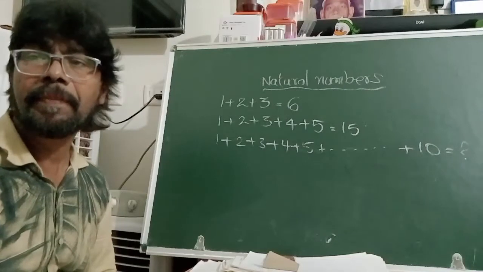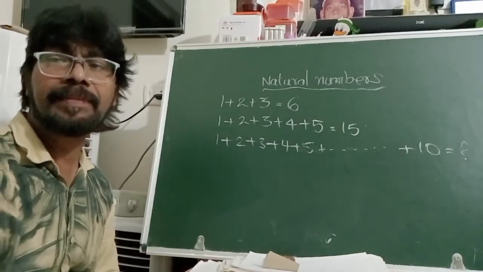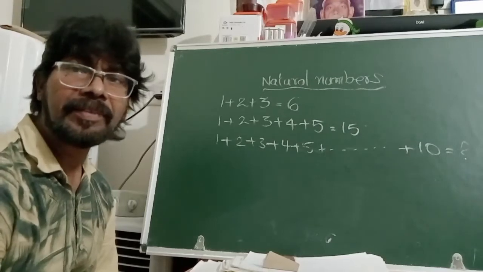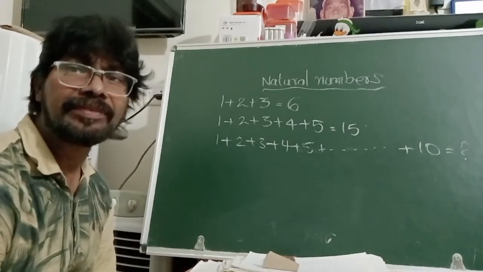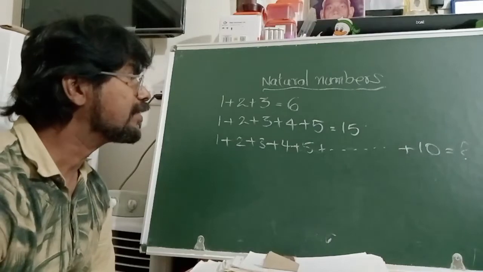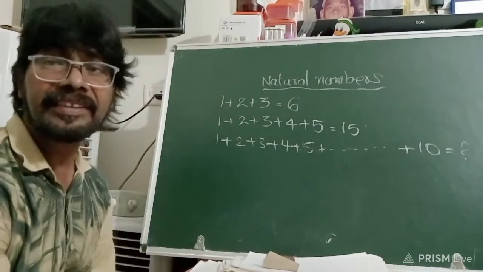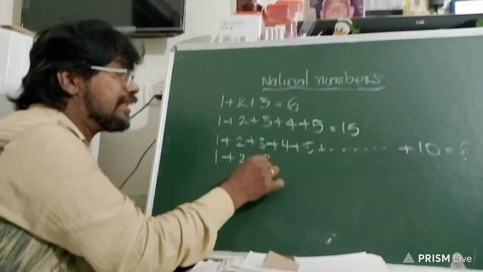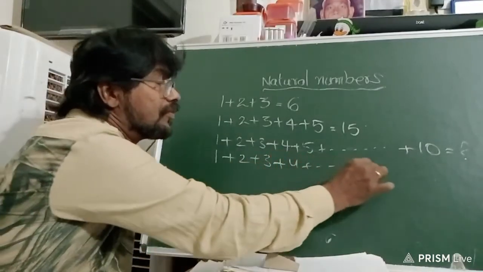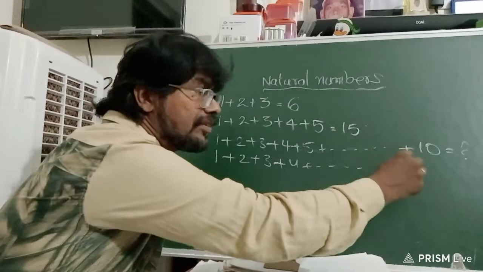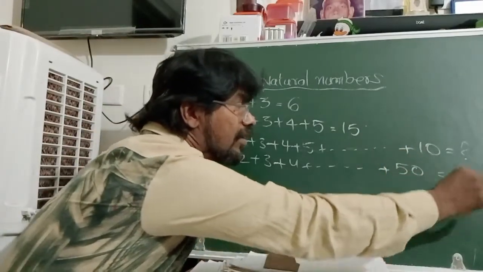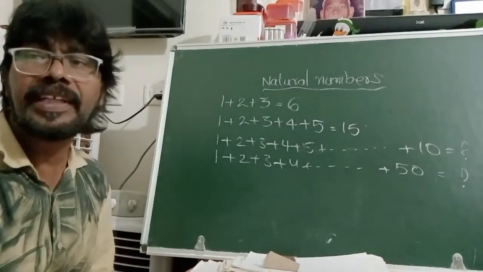How to solve it? We can add up to 10. The next one: 1 plus 2 plus 3 plus 4 plus so on up to 50 is given. Then what is its answer?